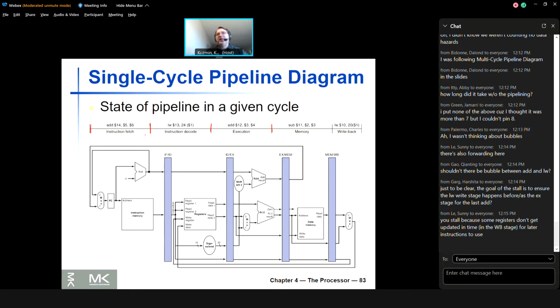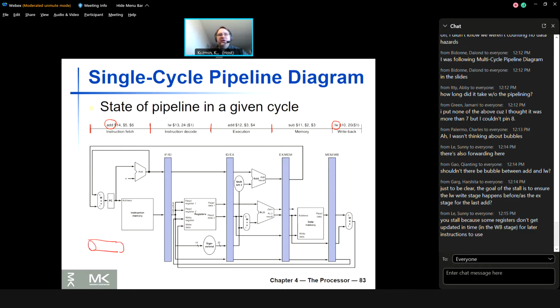And so we see that, yes, currently in this pipeline in our data path, we have 5 instructions at different stages of execution. This instruction add is just entering the pipeline. It is being fetched, whereas this instruction right here is about to leave the pipeline, right? So it is really like a pipeline, if you want this analogy.